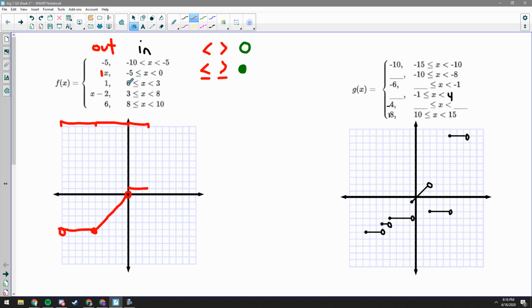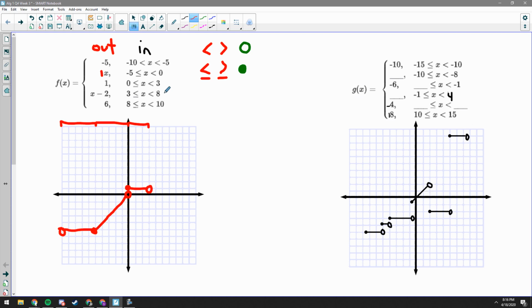Well, this end, when x is 0, I need a closed circle. Put a closed circle there. And at this end, when x is 3, I need an open circle, because x has to be less than 3. So here, these two lines don't overlap, so they're going to be two separate points.